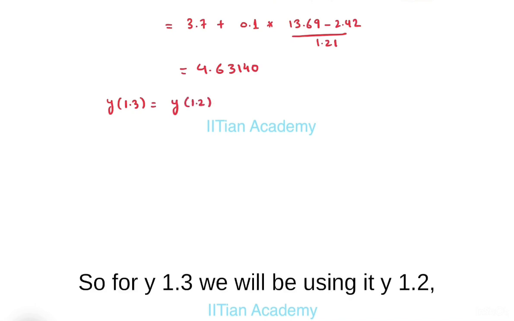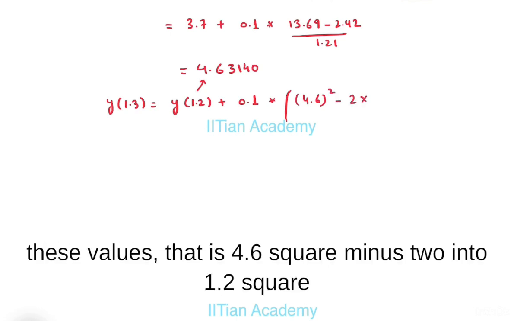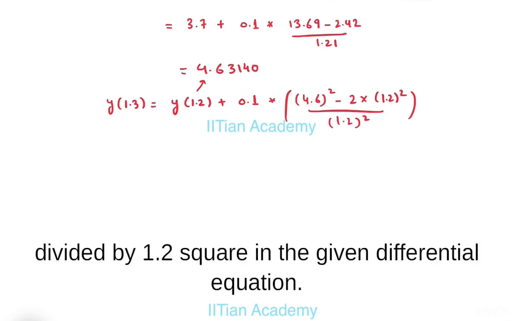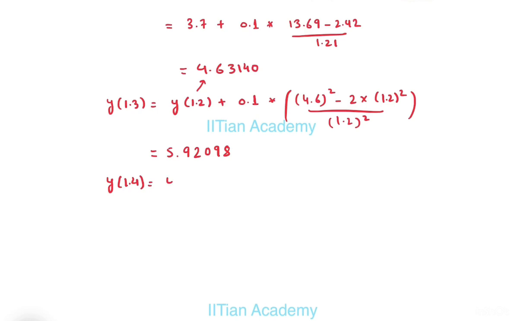So for y at 1.3 we will use y at 1.2, which is this value, plus the step size multiplied by putting these values, that is 4.6 square minus 2 into 1.2 square divided by 1.2 square in the given differential equation. So on solving this we will get 5.92098.